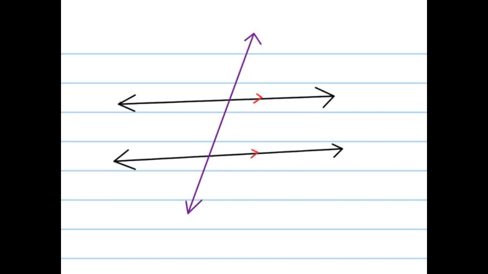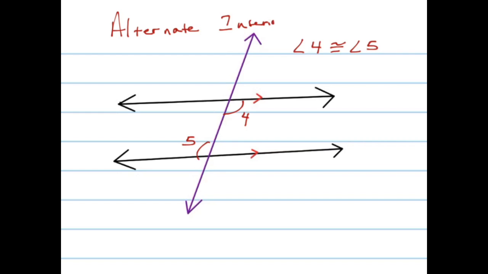The first one is the alternate interior angles theorem, and that tells us that alternate interior angles, like these two, are congruent. Alternate interior angles are congruent. We'll actually prove that here in a few minutes.